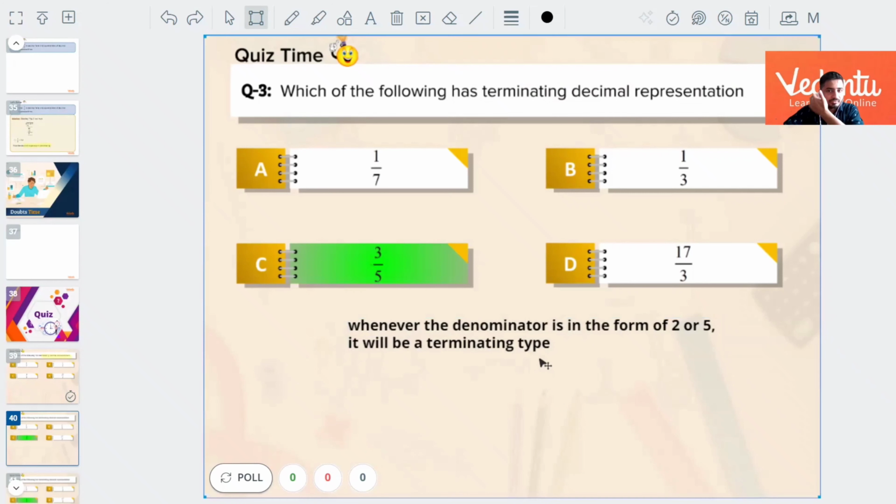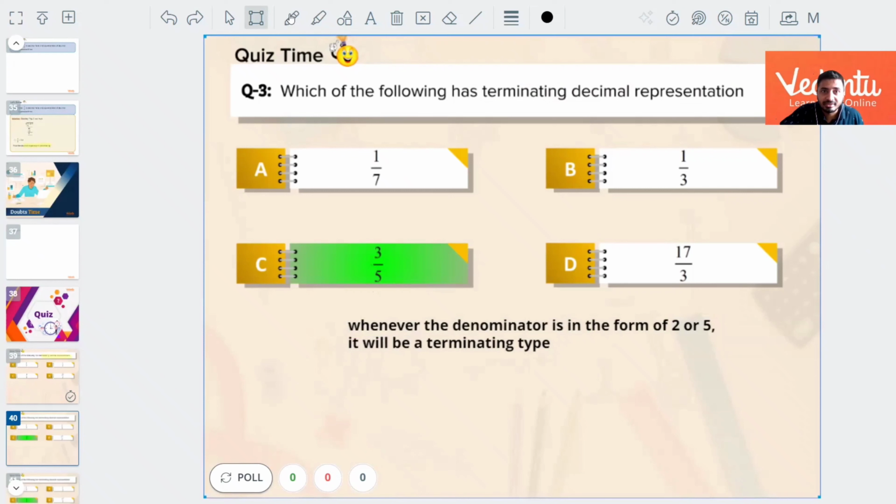So whenever the denominator is in the form of 2 to the power n or 5 to the power n, it will be a terminating type. Here the denominator is 5. So we can say that it is a terminating type.